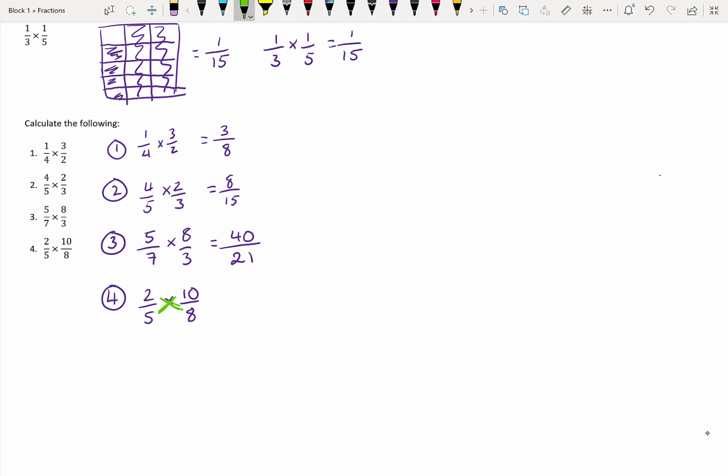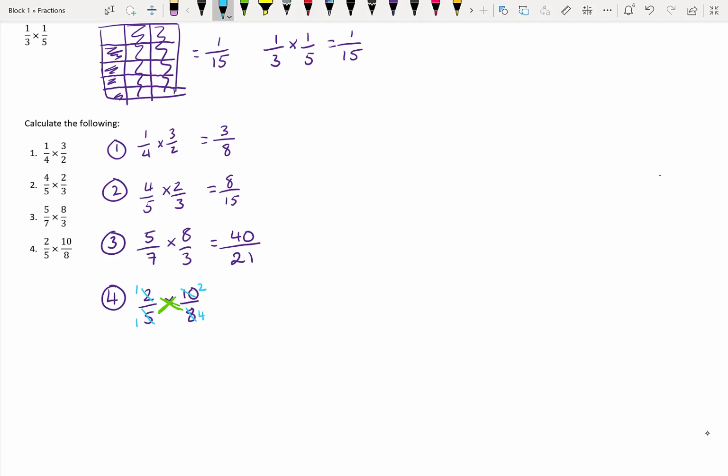So the 2 and the 8 can both divide by 2. When I divide 2 by 2, I get 1. If I divide 8 by 2, I get 4. Looking at 5 and 10, can I divide them both by anything? Well, they're both in the 5 times table, so I can divide them both by 5. If I divide 5 by 5, I get 1, and if I divide 10 by 5, I get 2.